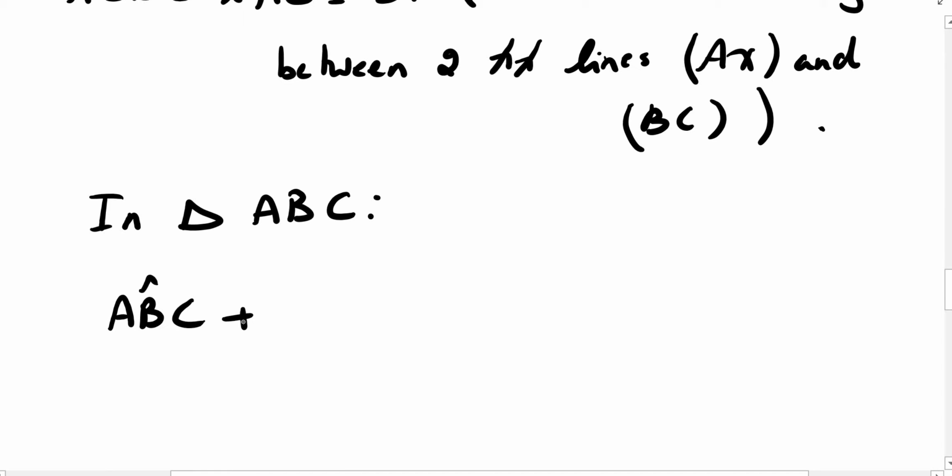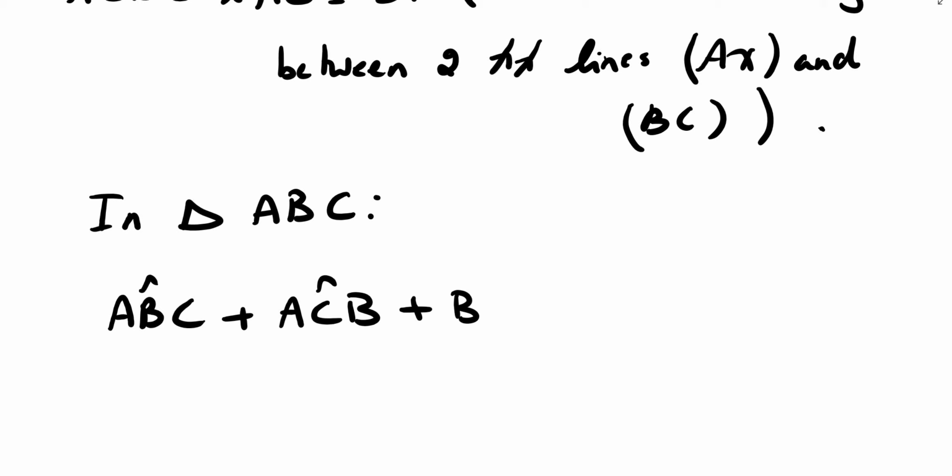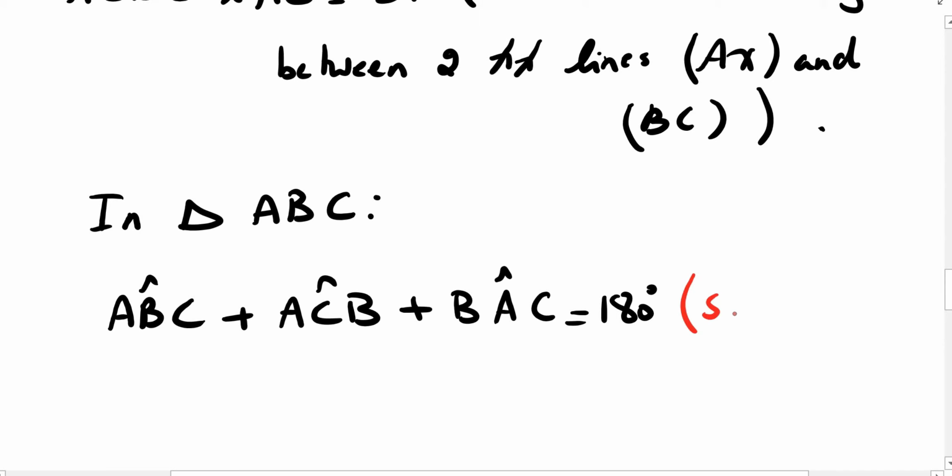Now I prefer to write the way of calculation as follows: ABC plus ACB plus BAC equals 180 degrees, and don't forget the reason: sum of angles in a triangle. That's why I put 180 degrees.